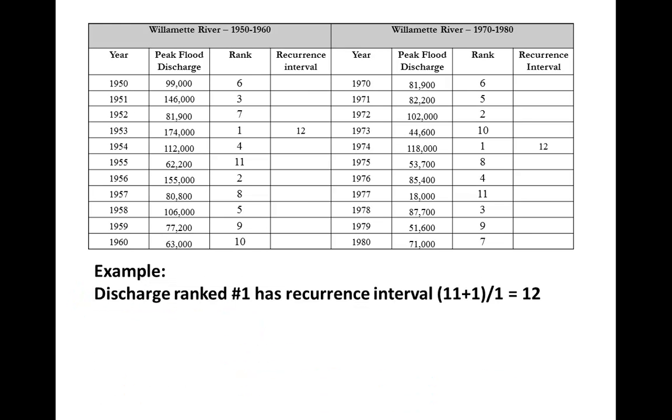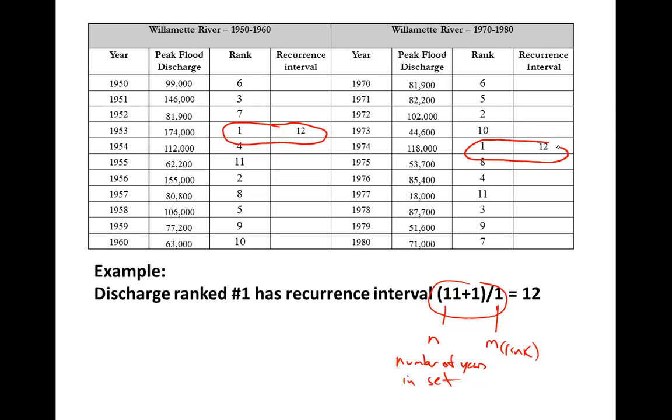For example, the discharge rank number 1 has a recurrence interval equal to (11 plus 1) divided by 1. 11 is n, 1 is m, or rank, and n, number of years in the data set. So our largest flood, rank equals 1, has a recurrence interval of 12 years in each data set.